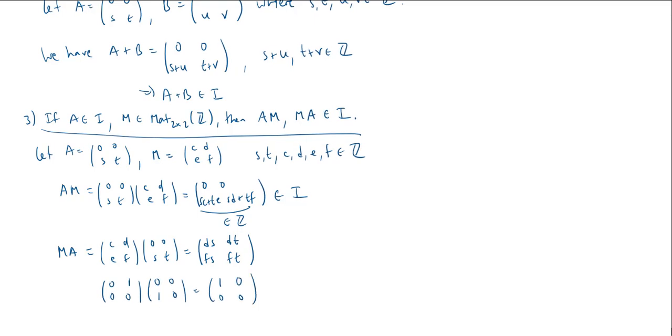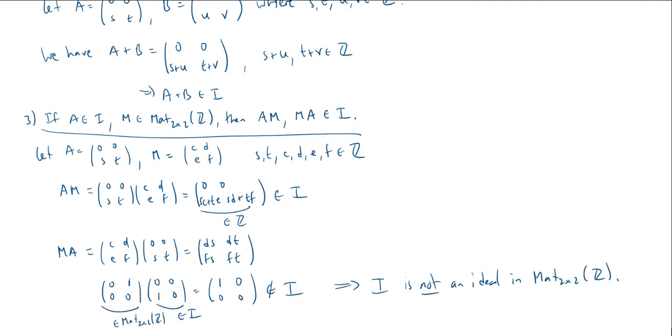We got lots of zeros, and this is definitely not an element of I, even though that's an element of the ring, and this is an element of I, but their product is not in I. So from this very last bit, we conclude I is not an ideal in the ring of 2 by 2 matrices over the integers.